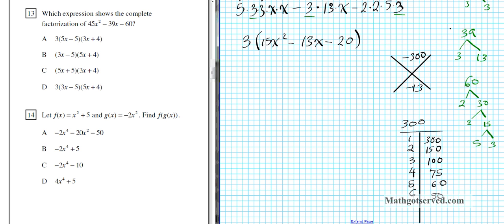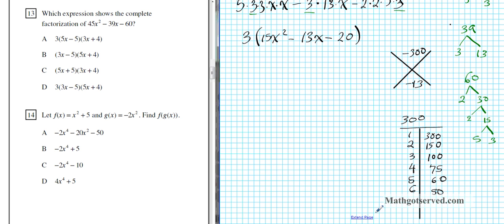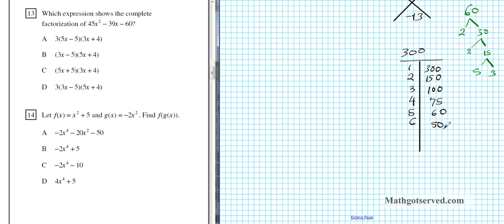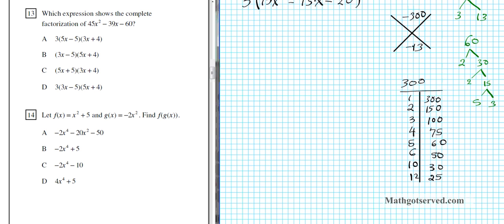That doesn't work. So 7 doesn't go, 8 doesn't go, 9 doesn't go, 10 goes into 300 thirty times. That doesn't work. And then 12 goes into 300 twenty-five times. Well, that works. So let's put that in.